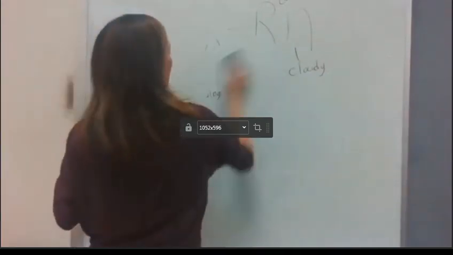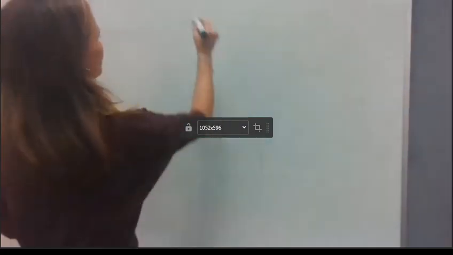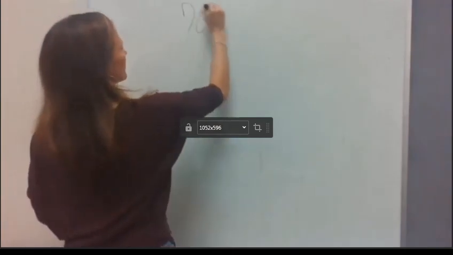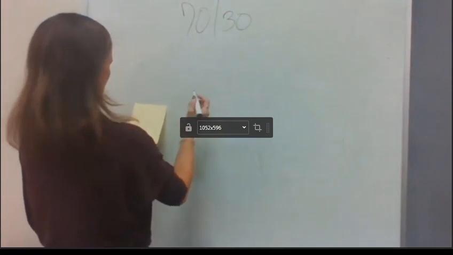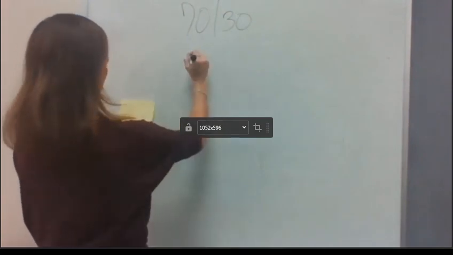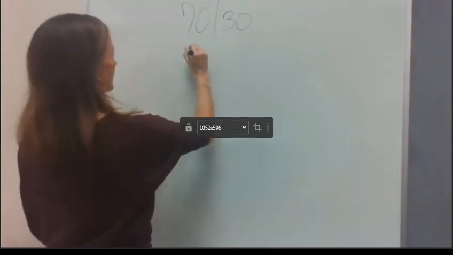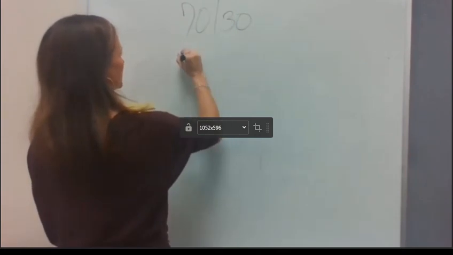Let me go over a couple more of the insulins. 70-30, and then this is going to be your Novolog.